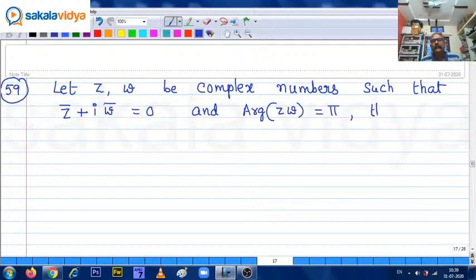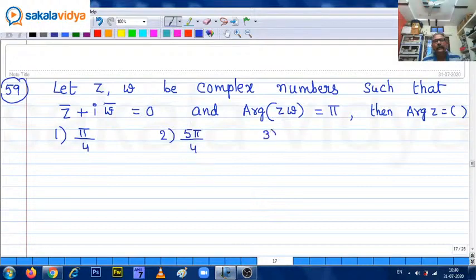Then arg Z. First one is pi upon 4. Second one is 5 pi by 4. Third one is 3 pi by 4. Fourth one is pi upon 2. This is the question.